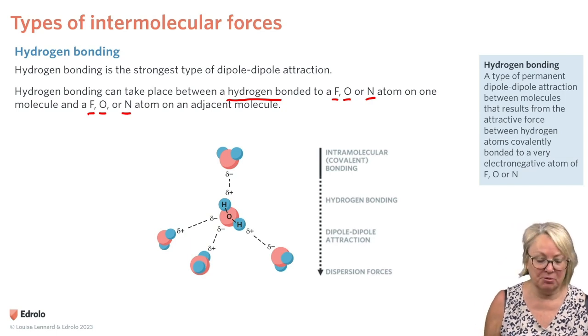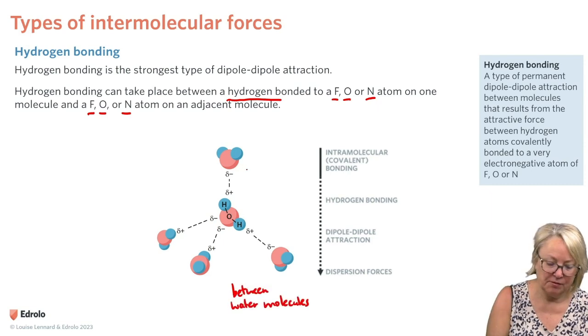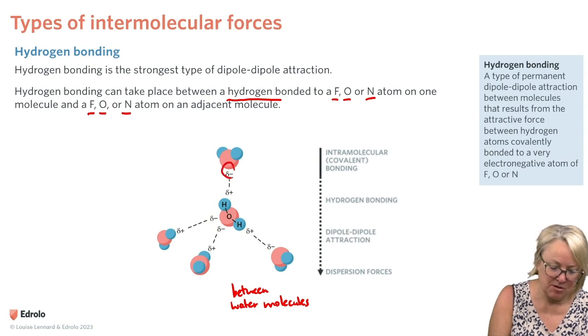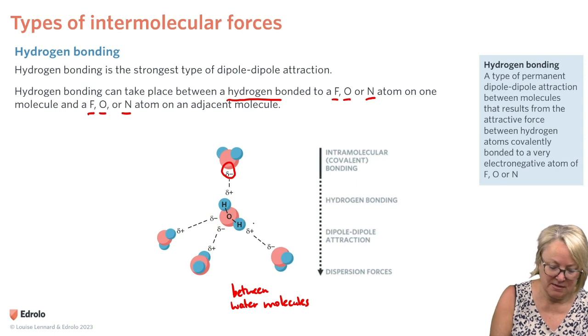So a good example of hydrogen bonding is between water molecules. So the oxygen part of water is more electronegative than the hydrogen. The oxygen part is delta negative. The hydrogen part is delta positive.